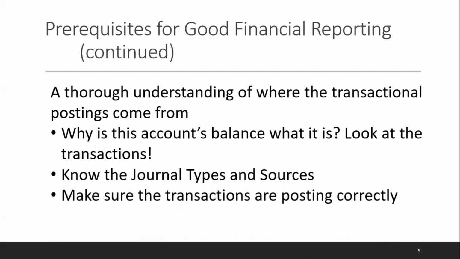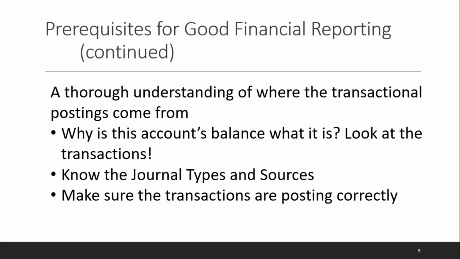Make sure your transactions are posting correctly. So basically, make sure the system's set up right. I've had a lot of clients asking me, where's this number coming from? And I look and it's like, what are you doing? I was working with a client the other day, and it was probably one of the more bizarre setups I've ever seen, where they're taking applied labor, which usually we have down next to the cost of goods sold section, and they were posting it to an asset account as some kind of accrued payroll posting.